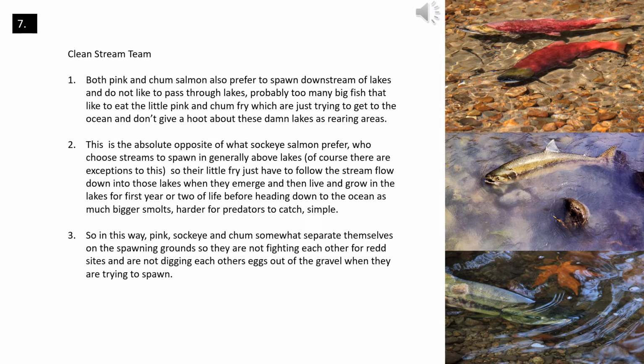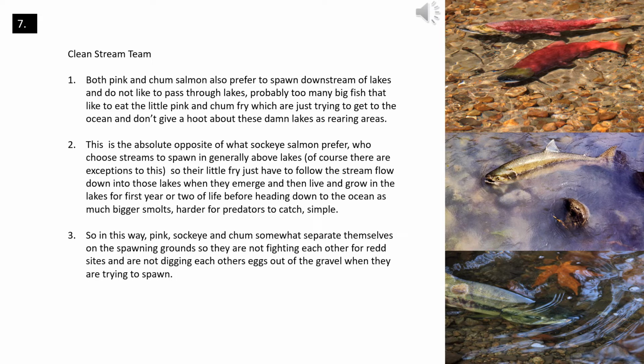They could probably lay on their back and flow down with the stream flow into the lake. So they want to be in that lake to live and grow for a year or two before heading to the ocean. So their strategy is get above the lake, float down to the lake, live in the lake, and become a much larger smolt before they have to face that long migration, dodging predators. And if you're bigger, you're just harder to catch.